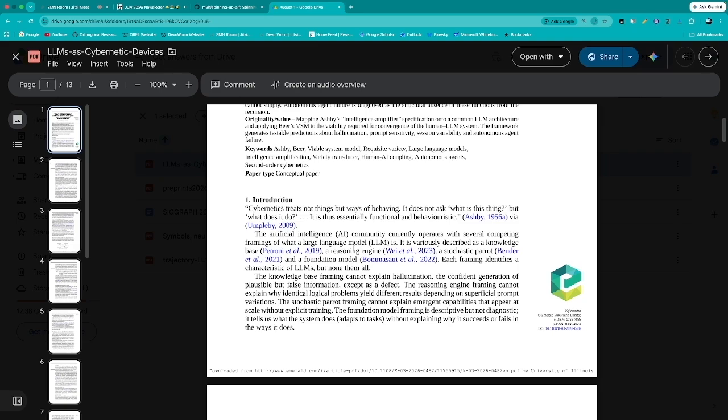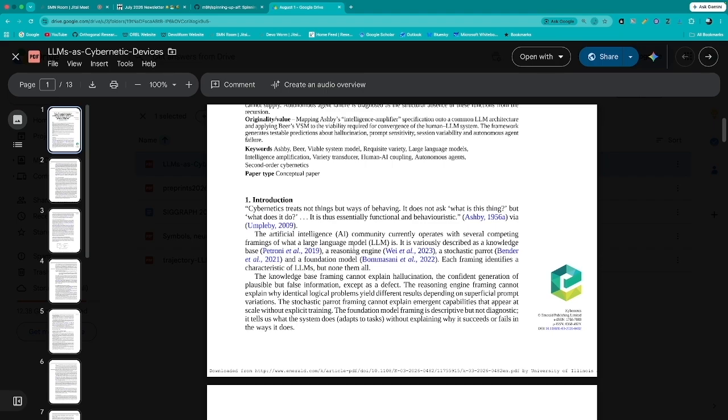The artificial intelligence community currently operates with several competing framings of what a large language model is. It is variously described as a knowledge base, a reasoning engine, a stochastic parrot, and a foundation model. And again, they're not all equivalent in terms of what they're actually describing. But I think the point here is that there are a lot of different ways we think about a large language model in terms of what that thing is, but they're all not asking the question, what does it do?